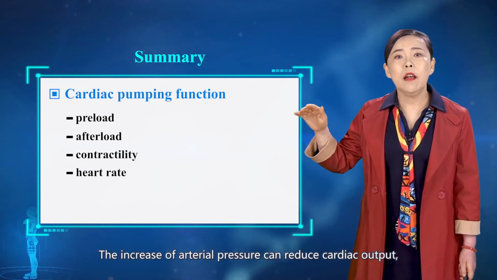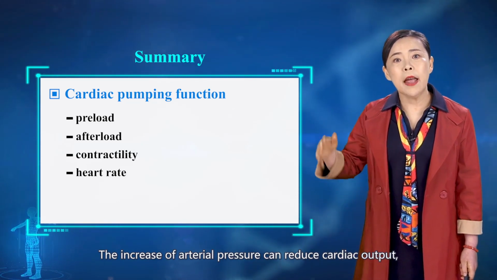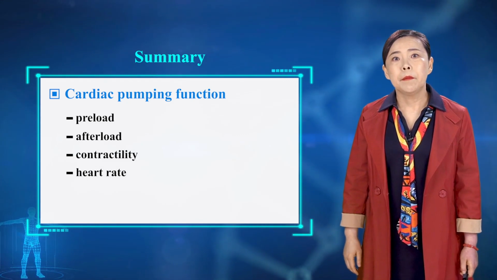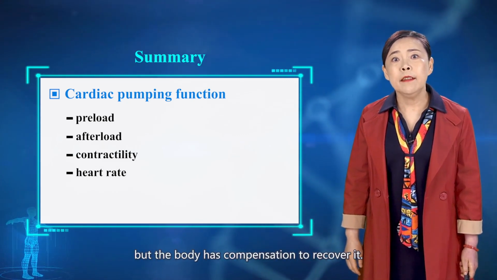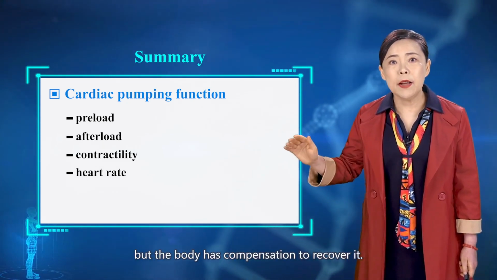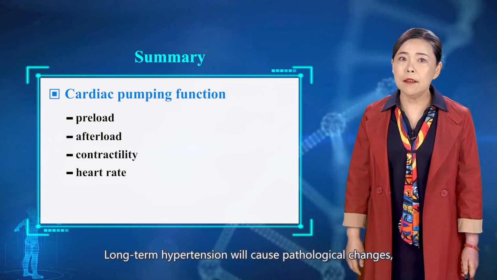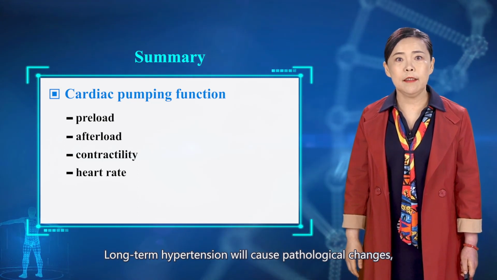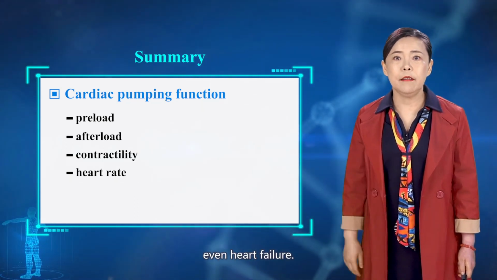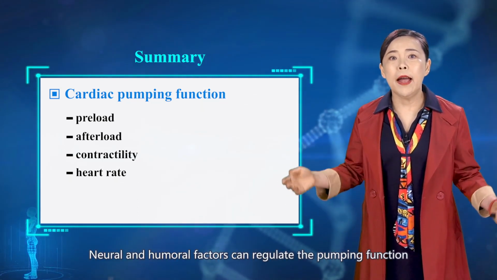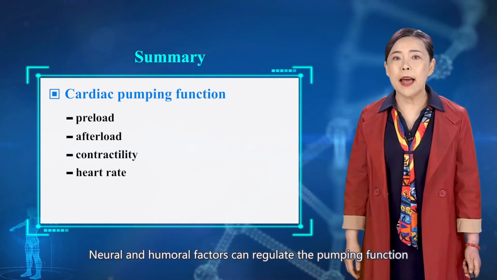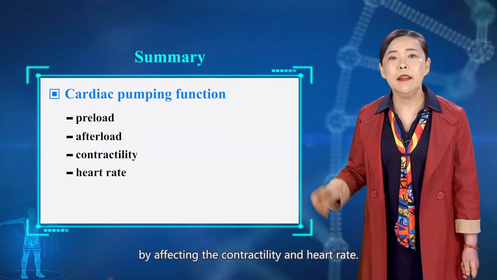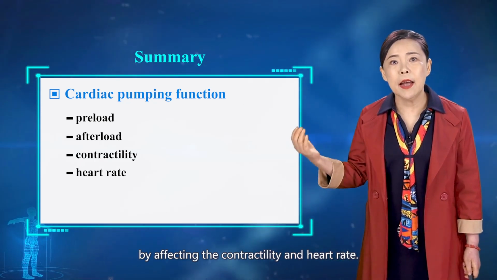The increase of arterial pressure can reduce cardiac output, but the body has compensation to recover it. Long-term hypertension will cause pathological changes, even heart failure. Neural and humoral factors can regulate the pumping function by affecting the contractility and the heart rate.